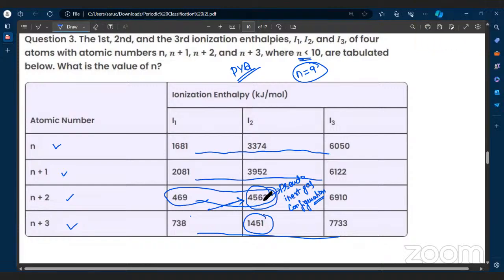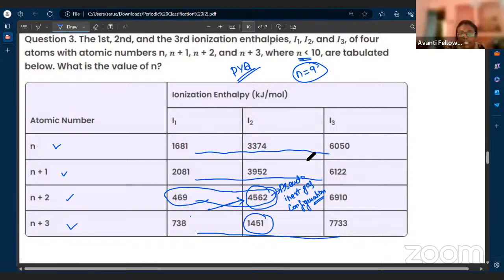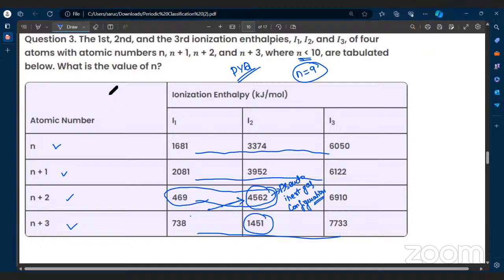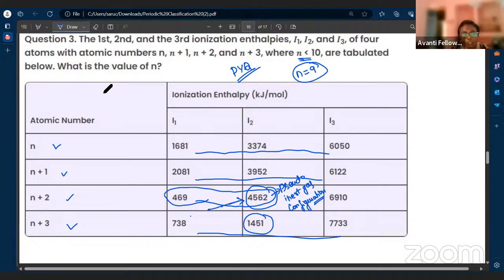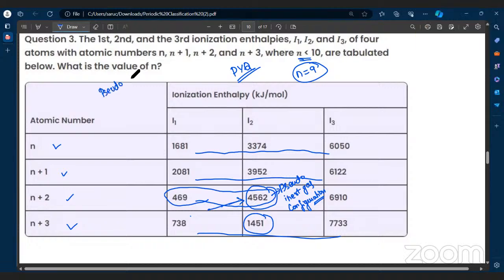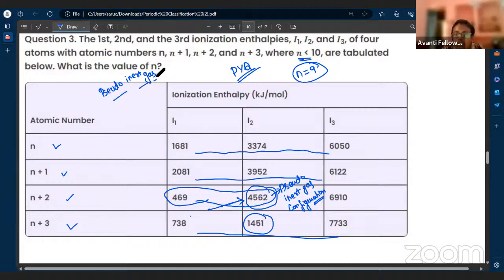Now which group has the pseudo inert gas configuration? That is, the outermost configuration should be the inert gas configuration, or it will have a half-filled or completely filled configuration.